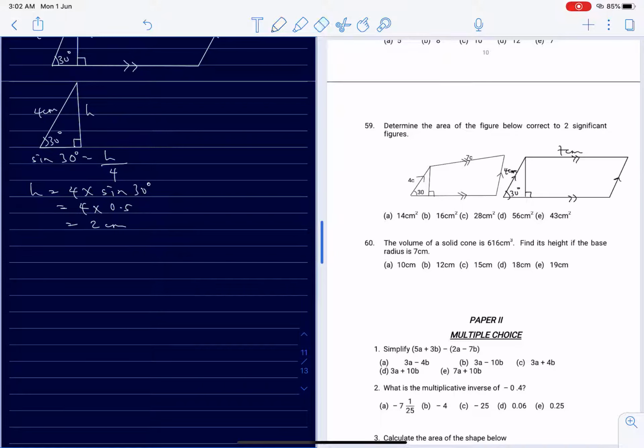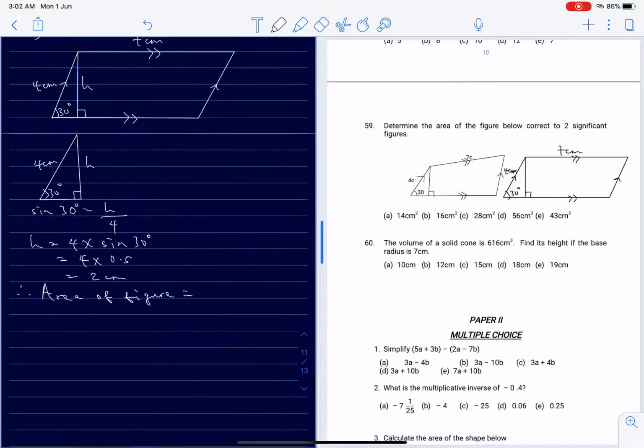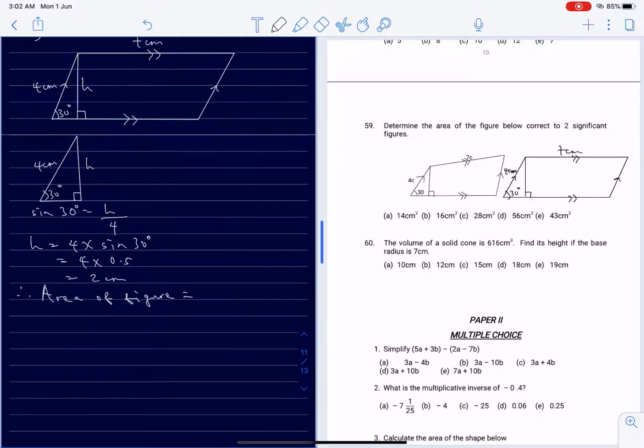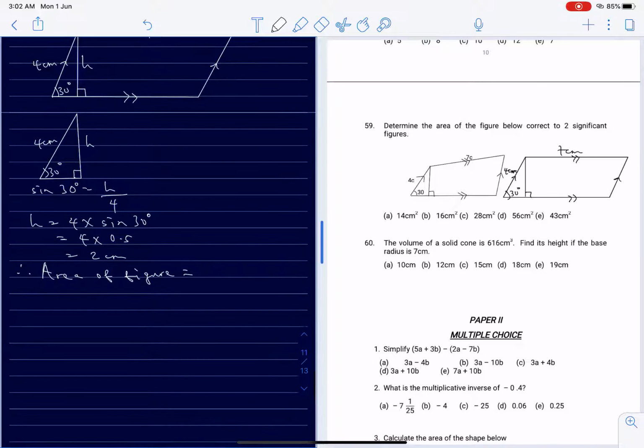So I can just say therefore, area of figure is equal to base times perpendicular height, because this figure is a parallelogram, and the base is 7 centimeters times the perpendicular height, which is h, and that's 2.